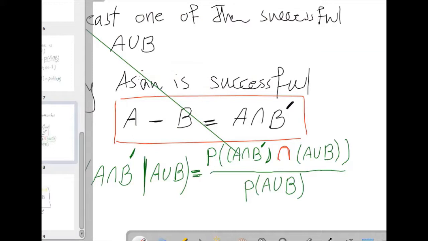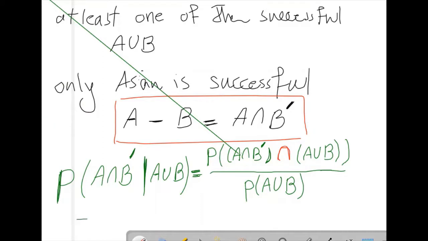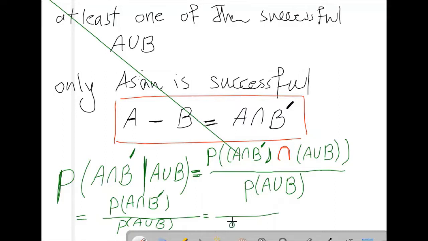So here we have the probability of A intersection B prime, over probability of A union B. A union B is 0.82, but because A and B are independent, again A and B prime are independent.